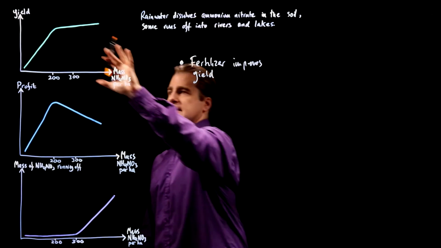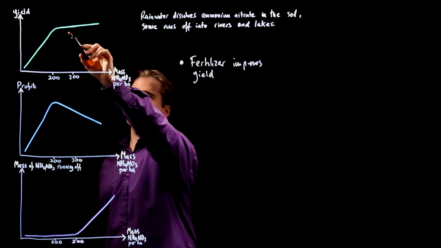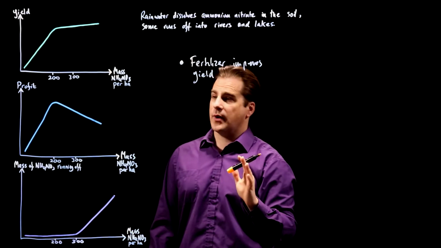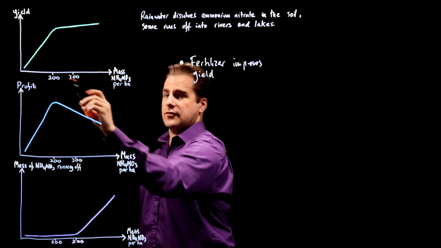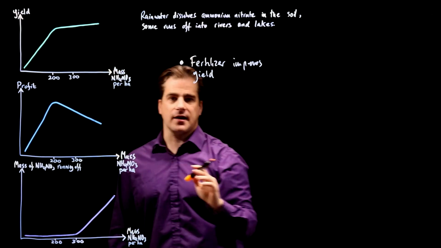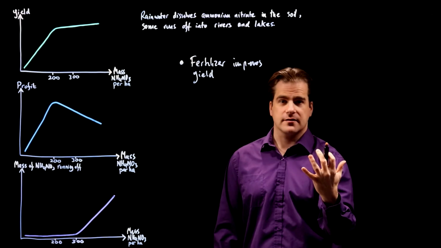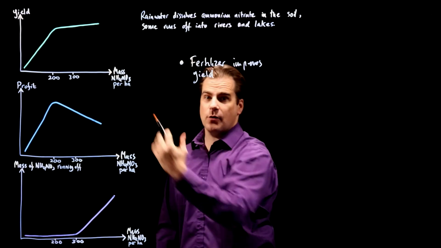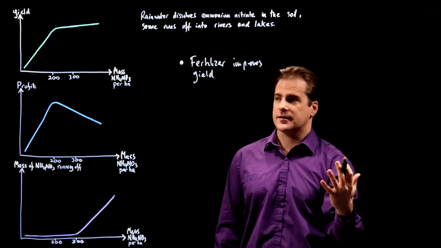So, let's say something about this graph as well. Well, you could say that yield improves quickly up to a mass of ammonium nitrate per hectare of 200, but then it only increases slightly from 300 onwards. Just saying the obvious, like I keep banging on about in all these sort of questions, describe the obvious, and you'll probably get a mark for it.